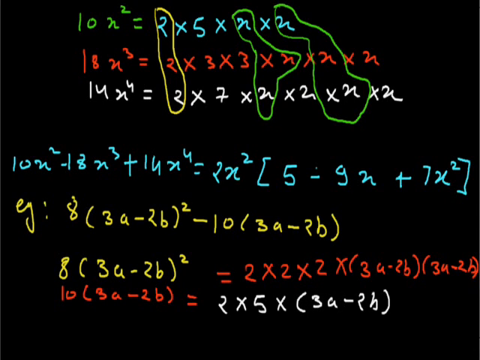Now we can see that 2 is common in both the terms, and one of the (3a minus 2b) is also common.